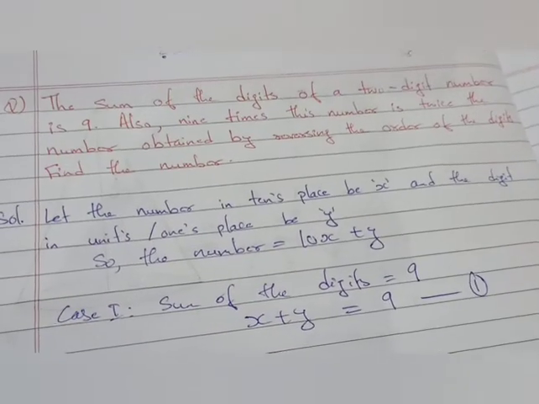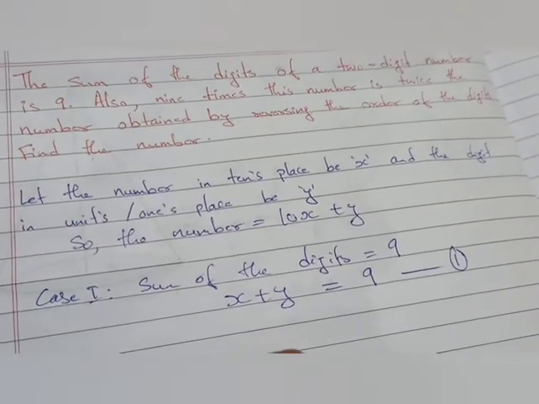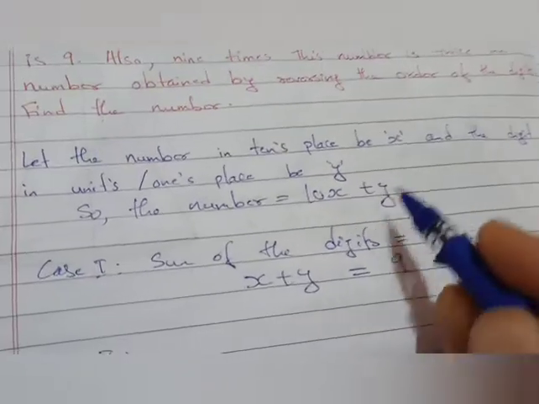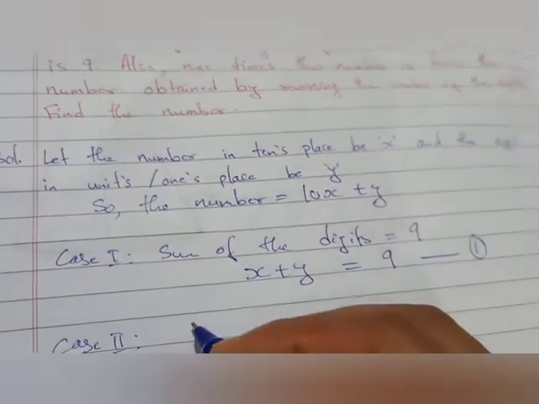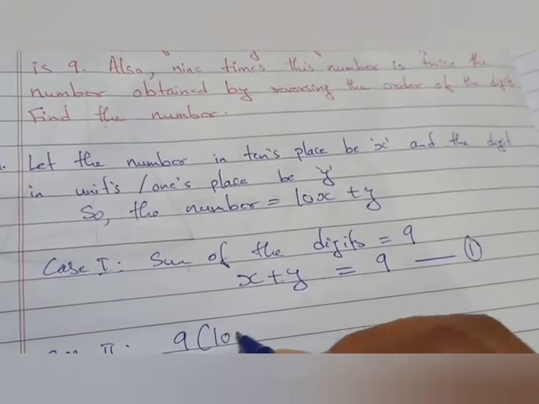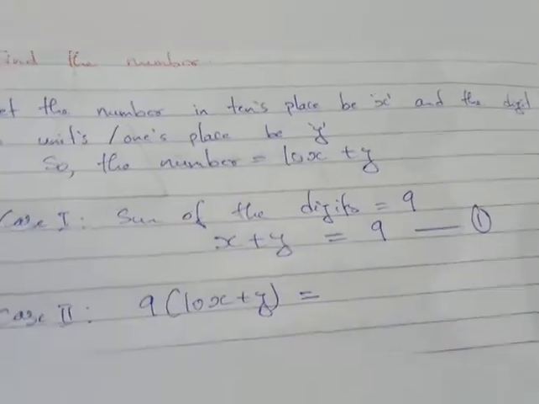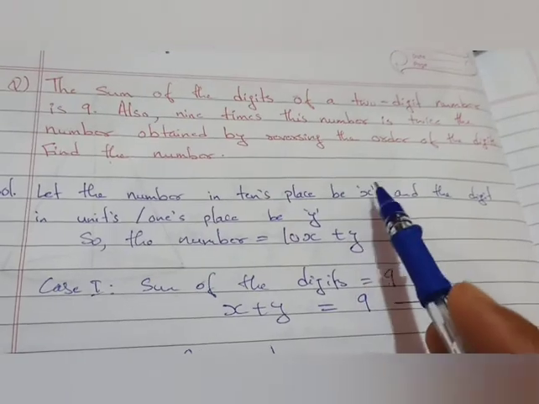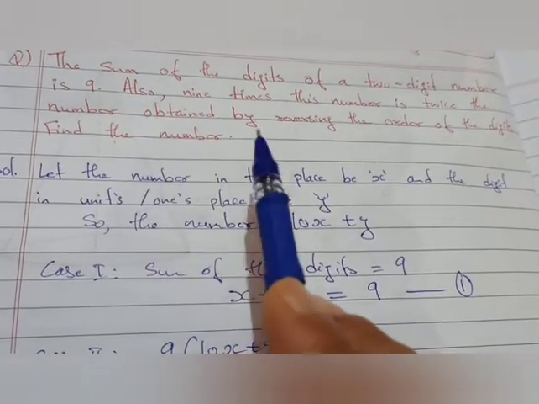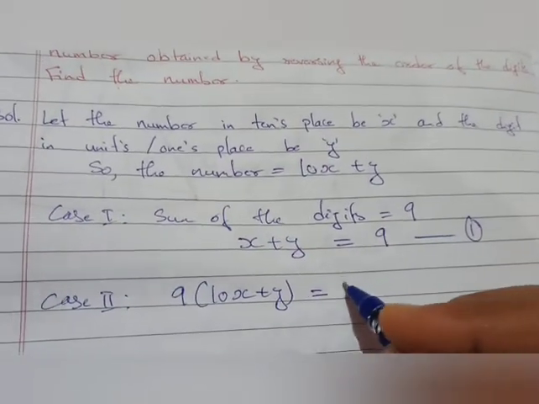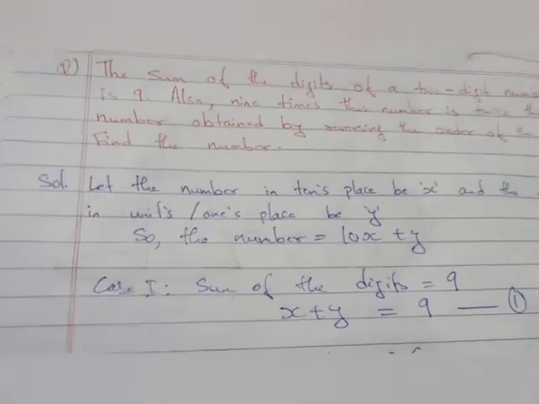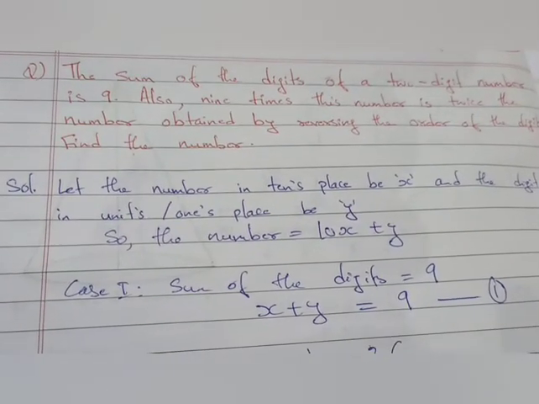Now the second condition says 9 times this number, as in 10x plus y, 9 times this number 10x plus y, is twice the number obtained by reversing the order of the digits. Twice of the number which is obtained by reversing the order of digits.